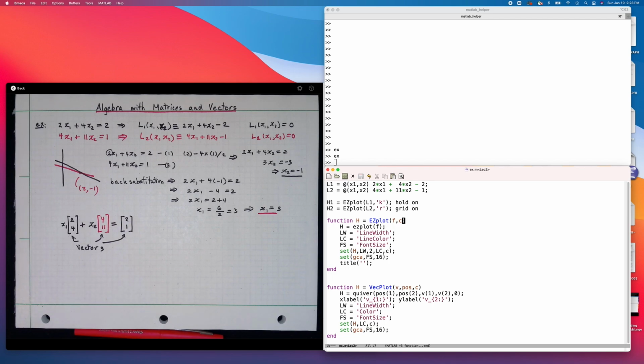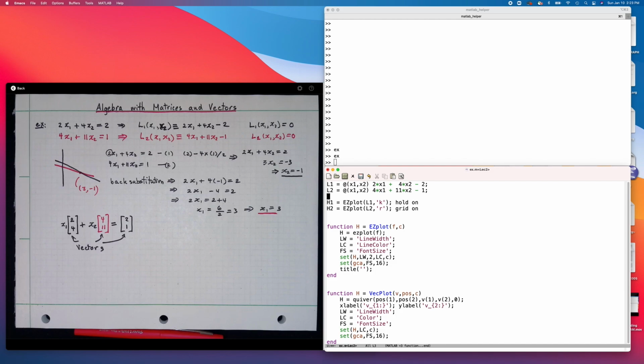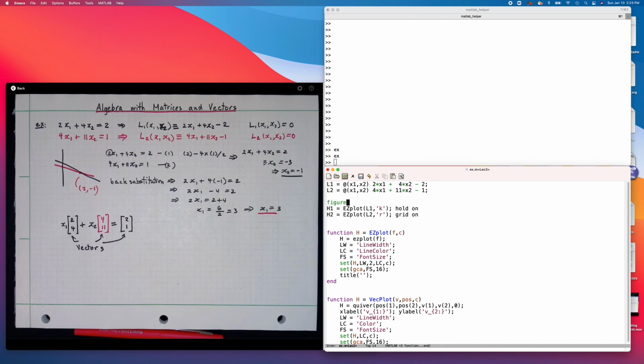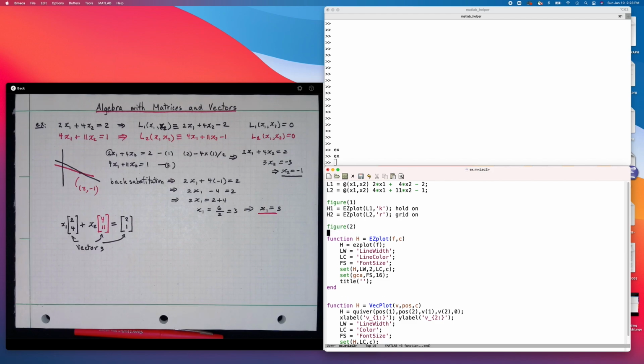So I'm going to create some vectors. This will be figure 1, and then I will do figure 2. H3 is equal to vector plot, and I want to plot V1.